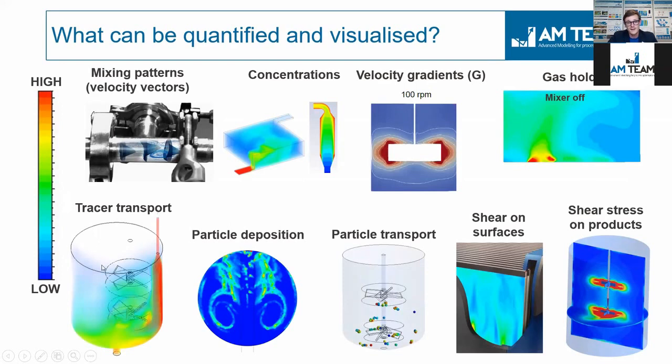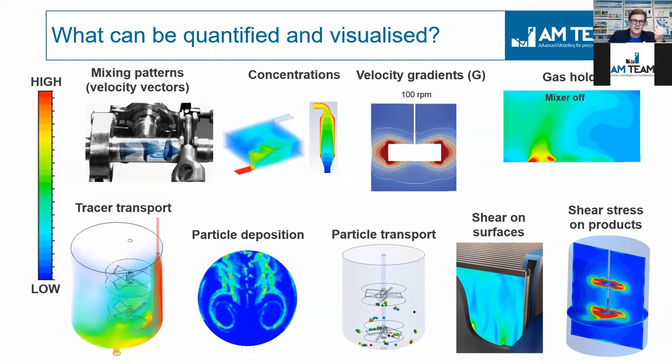For example, if you have a vessel, you have an incoming flow, so this is a dip pipe here. You can give the flow a certain color, which we call a virtual tracer, to visualize how it mixes with the bulk liquid here. You can see it goes down drastically in this case, so there's definitely room for improvement.